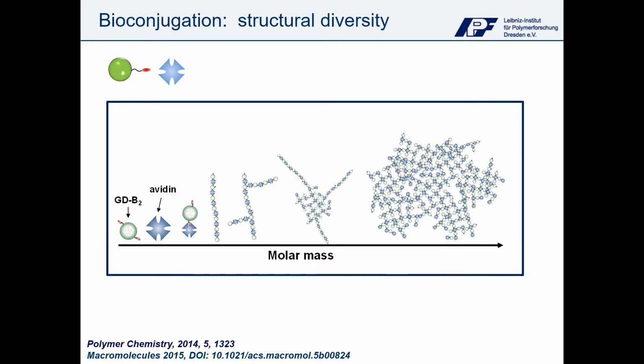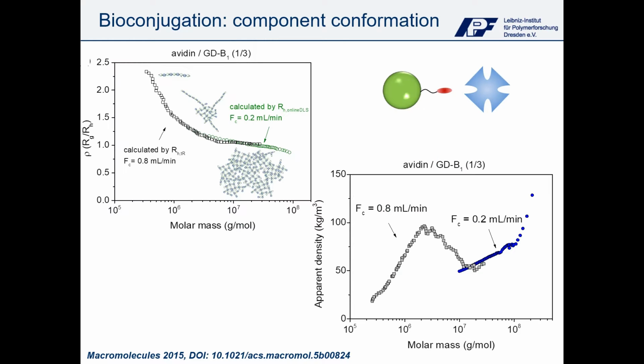Finally, we found out that the conformation of our structures is very well defined, starting from linear bioconjugates, going up to less branched or strongly branched structures with very compact conformation, and going up to microgel-like conformations.